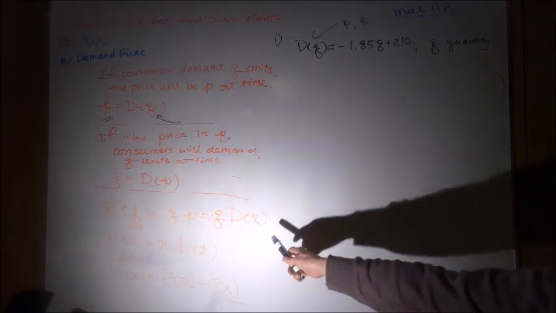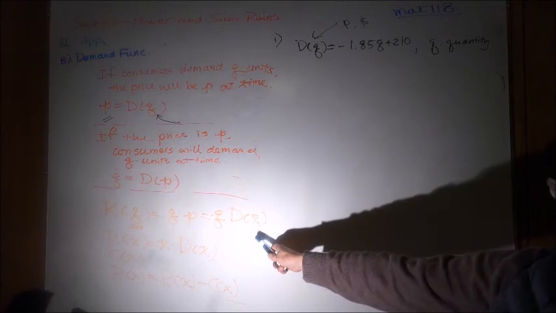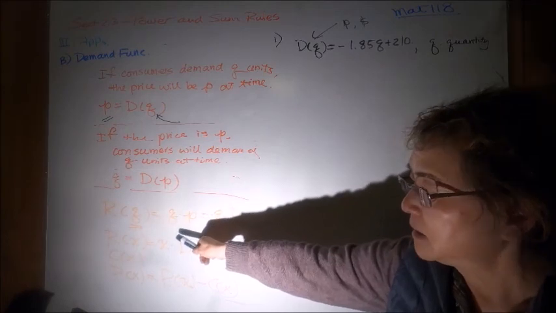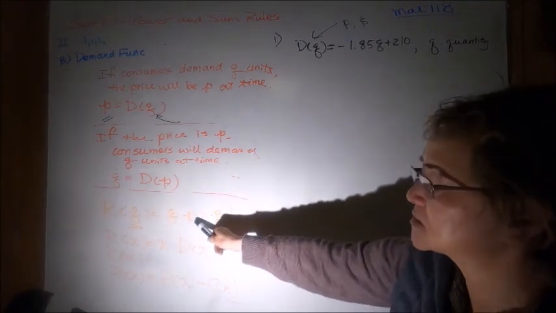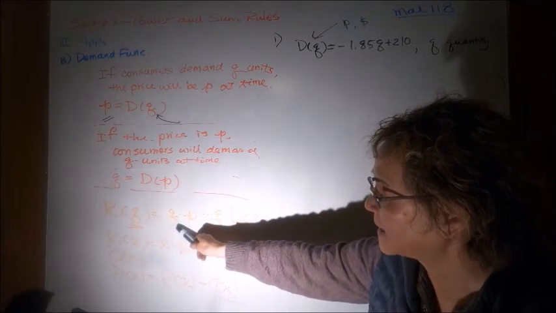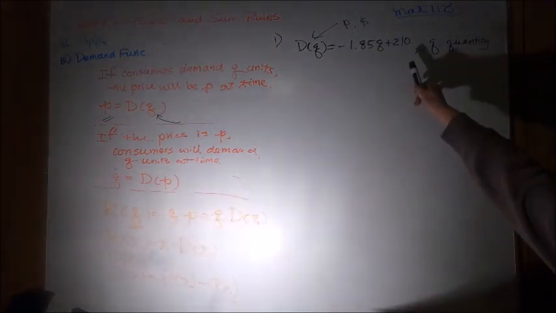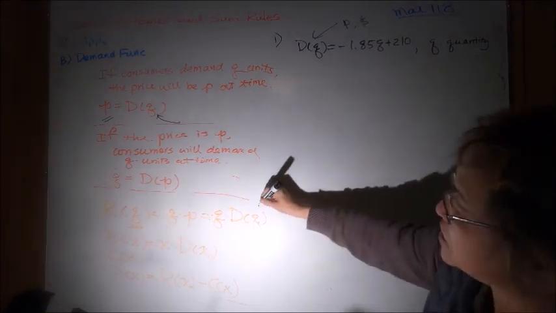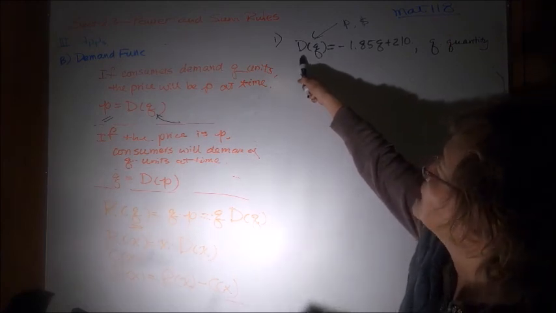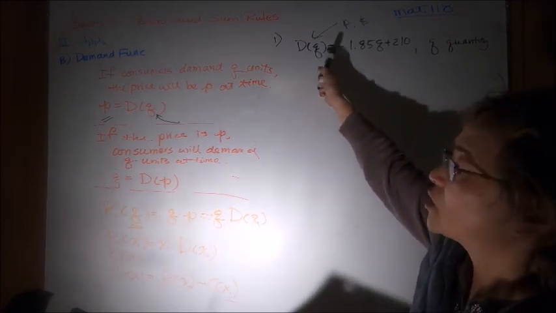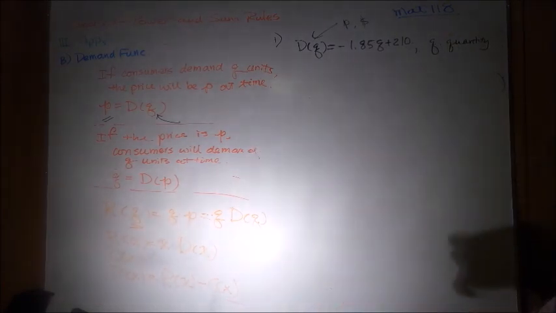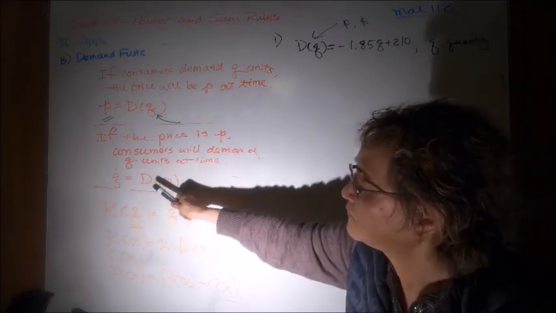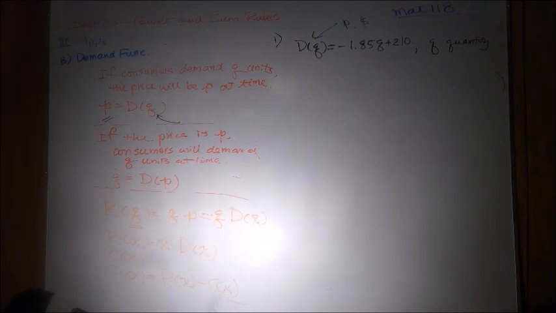So we say revenue is according to the quantity you sold. However, the price will be impacted by how much quantity is sold. Since the demand function is given as a function of Q, what we are saying is the demand function can be a function of the quantity or a function of the price.